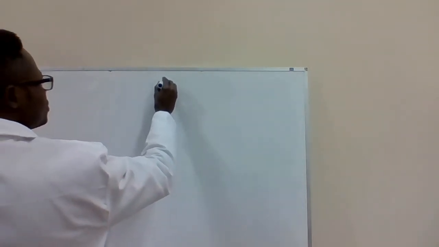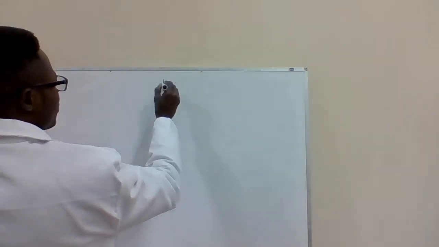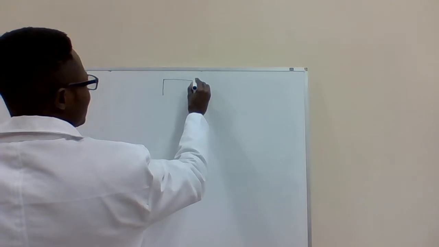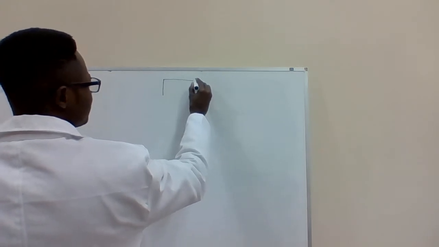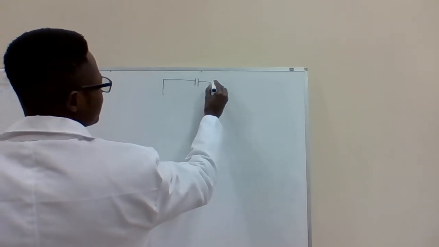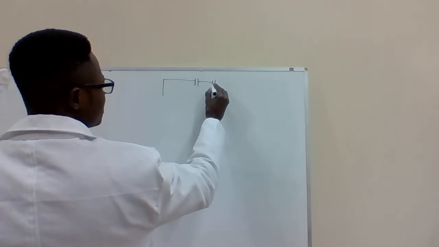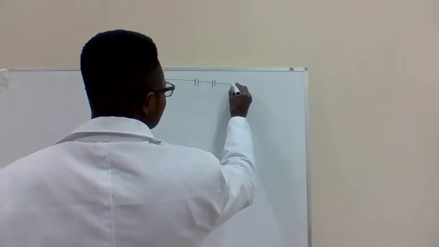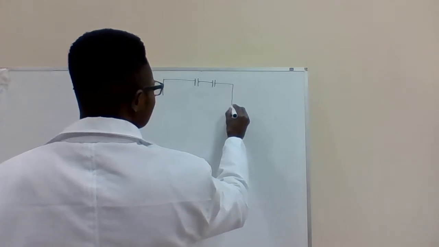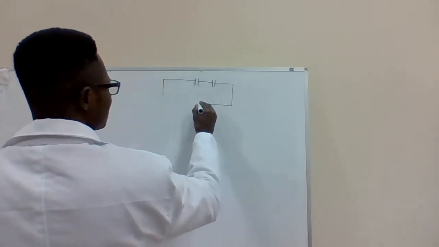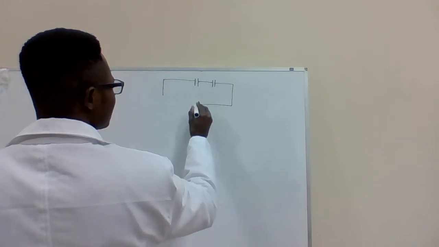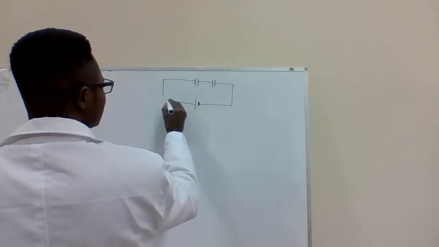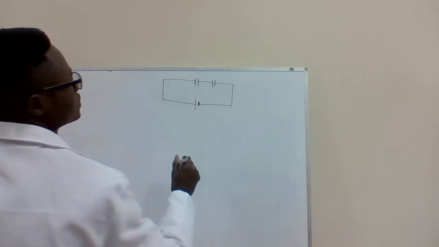In our circuit, we have two capacitors in series. This means that the capacitors are in series. Of course, it has a voltage source, this is the negative side and this is the positive side.